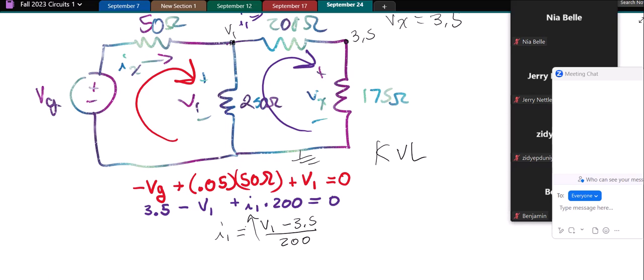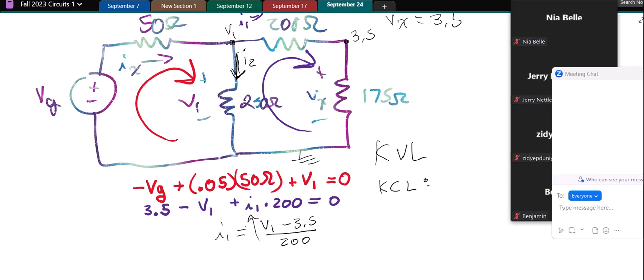If I plugged it in, I would get 0 equals 0, so that doesn't help. So I do need to do KCL, and usually you will have to do a KVL and a KCL on every problem. So I am going to need to draw in this next current, and I can call that current I2.